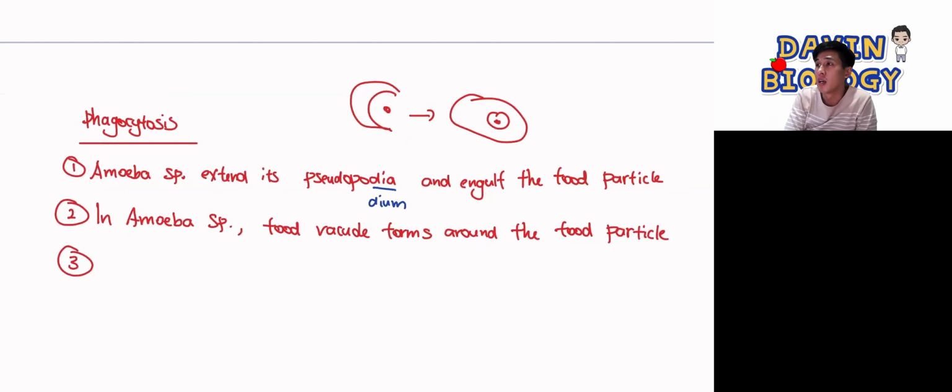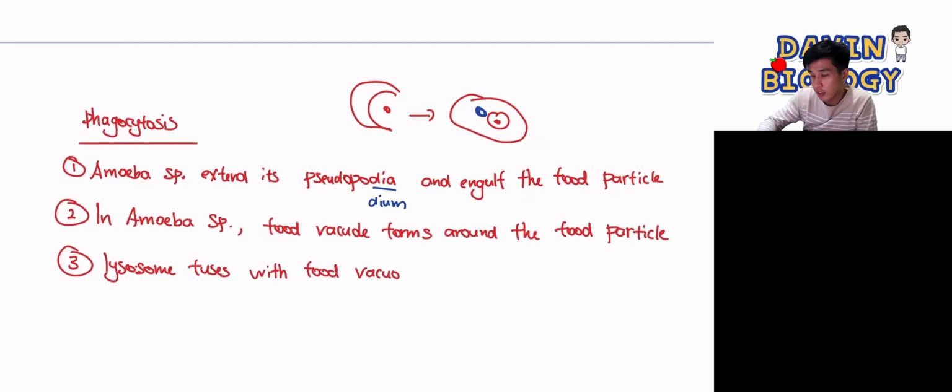Plural and singular won't have any effect. You can just write anyone. This is not English, they won't judge your grammar one. And then the lysosome will attach to it. So we say lysosome attaches or fuses with food vacuole.